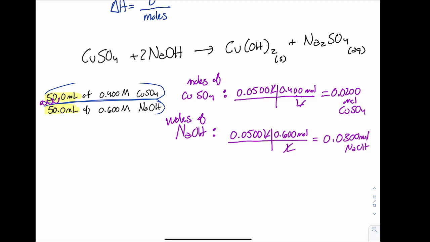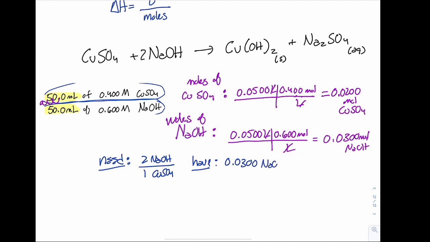So this is now where I'm going to compare my need ratio, right? According to my balanced equation, I need 2 moles of sodium hydroxide for every 1 mole of copper 2 sulfate. What I have is 0.0300 moles of sodium hydroxide for every 0.0200 moles of copper 2 sulfate.